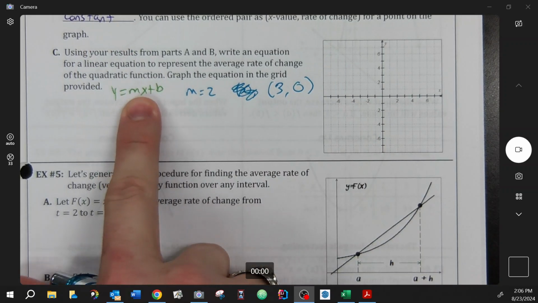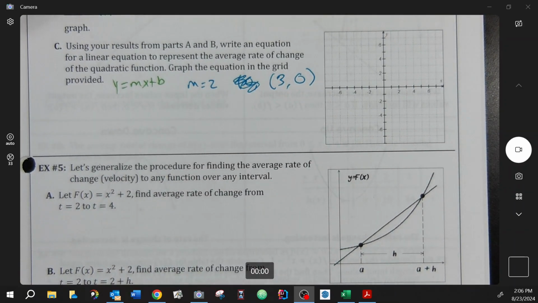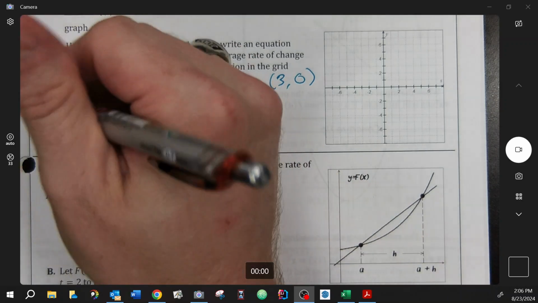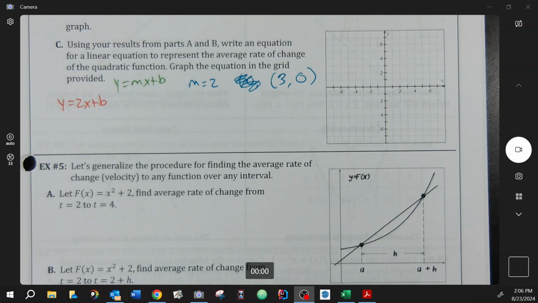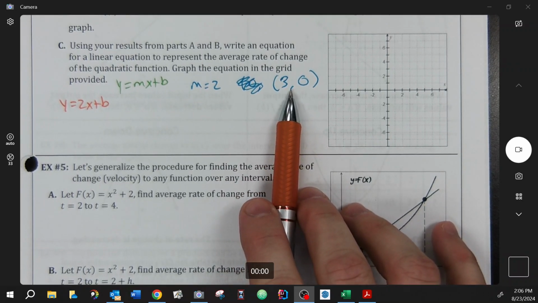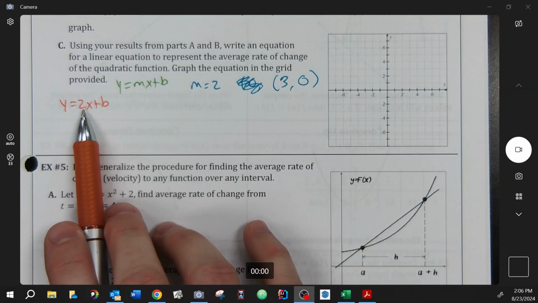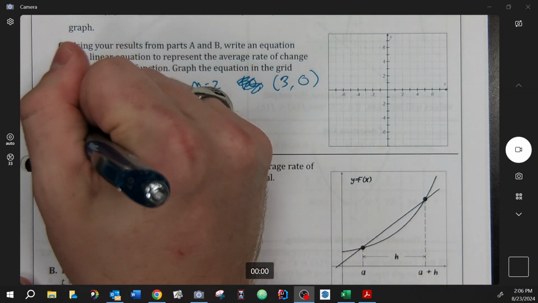Let's write an equation in y equals mx plus b format using that knowledge. Well, we already know it goes y equals 2x plus b. This is going to act as an x comma y for us to help us solve for b. Here was the y value there.